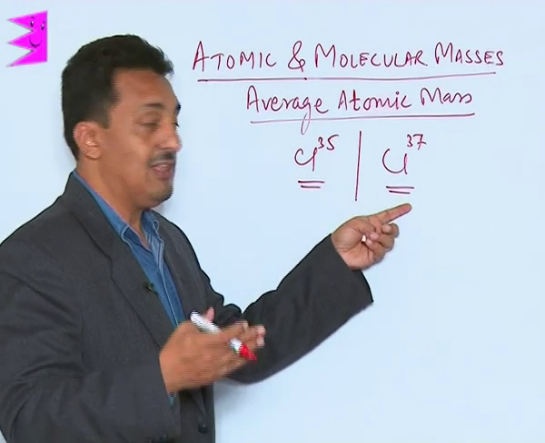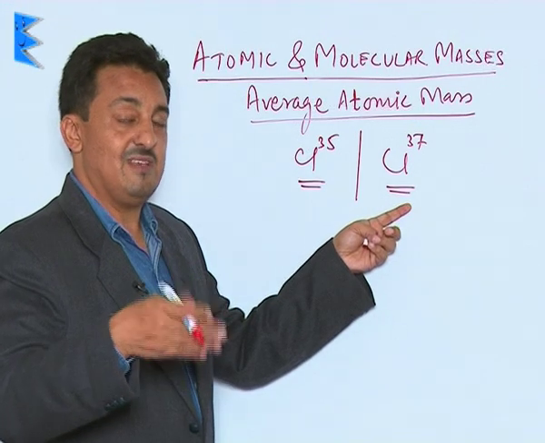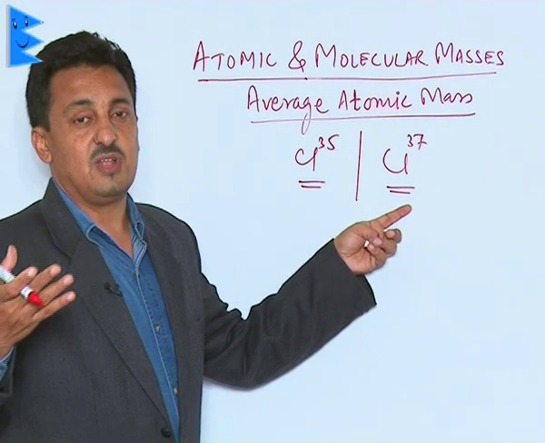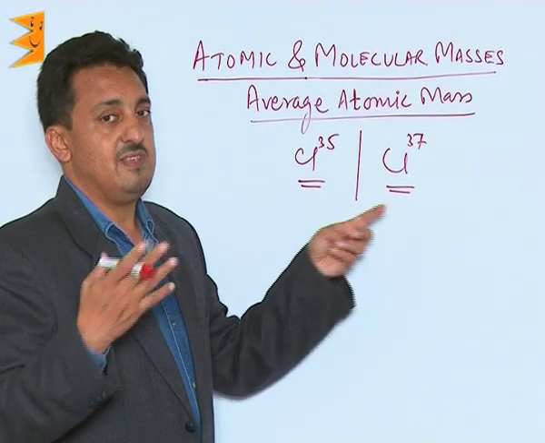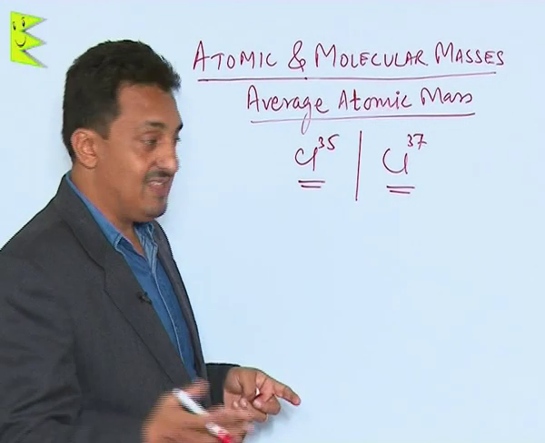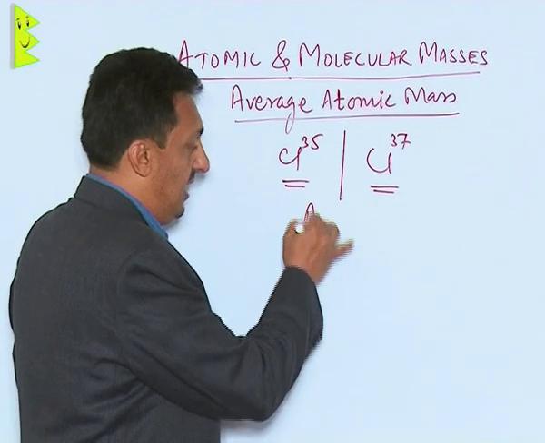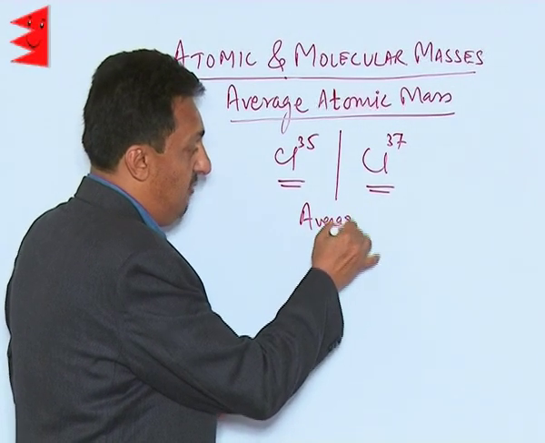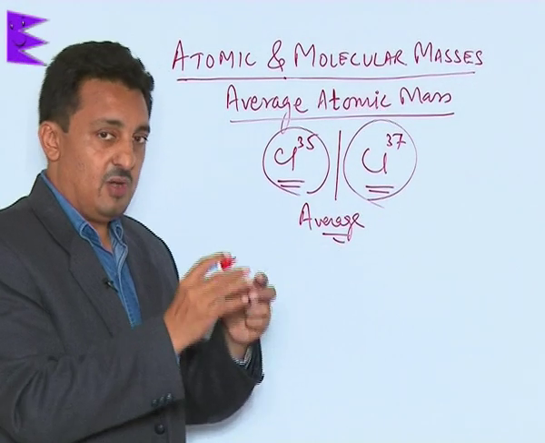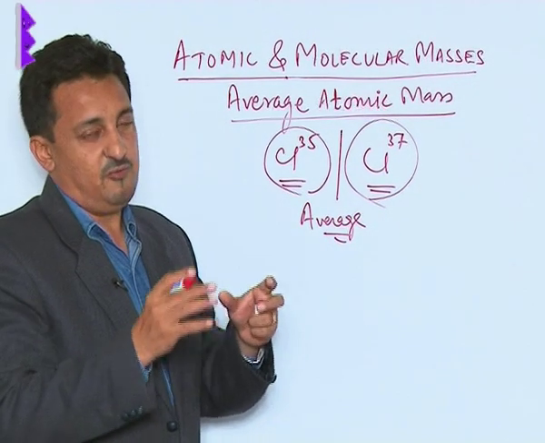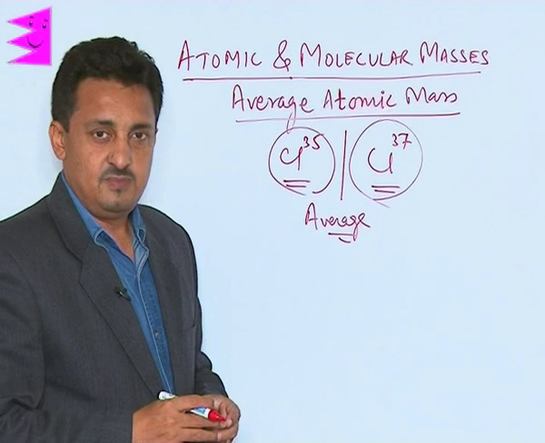We cannot take the mass of the sample as 37 either, because all of them are not 37. Certainly the mass is less than 37. So the option left is to take the average of the atomic masses of the different types of isotopes we have for that element in the sample.